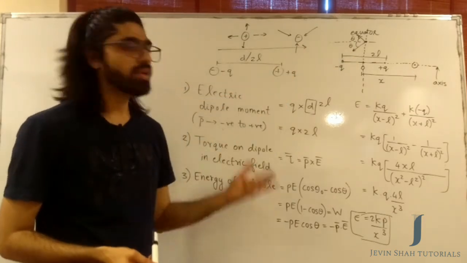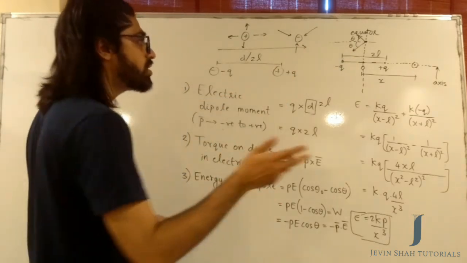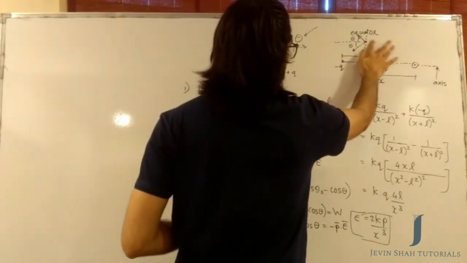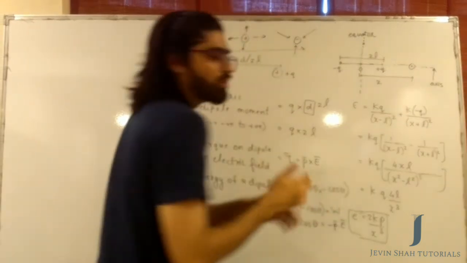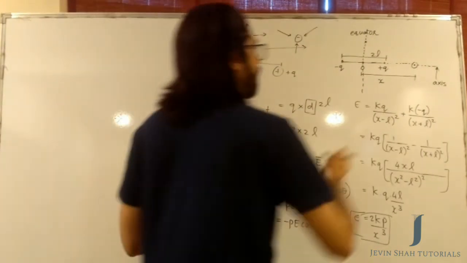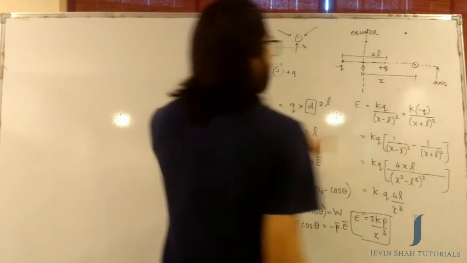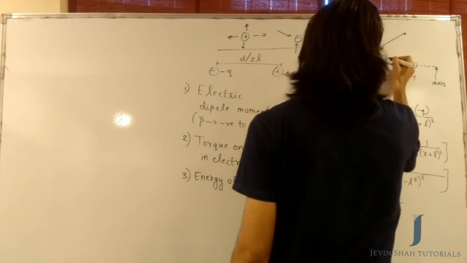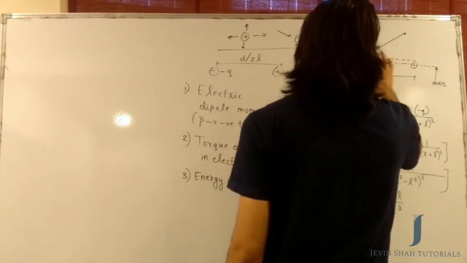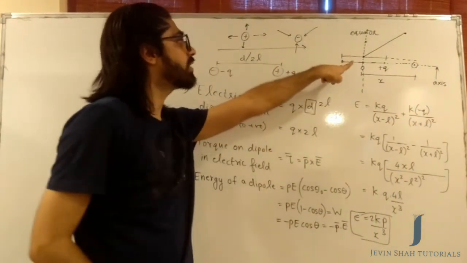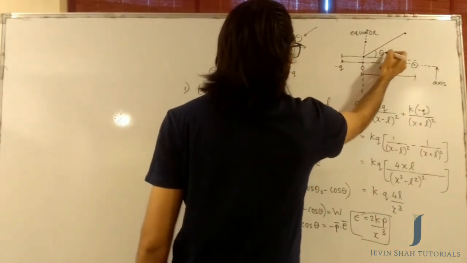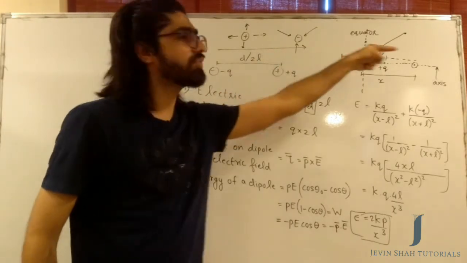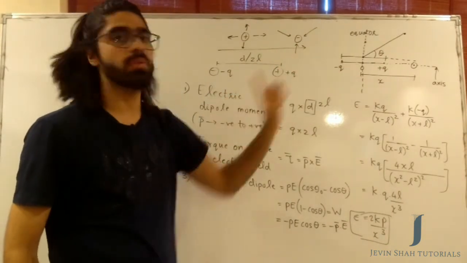But like I said, what you need to learn is a general formula. So in general, instead of taking random points like this, let's just take a point somewhere over here. And that point has been taken in such a way that the line that joins that point with the center of the dipole is making an angle of theta with the axis of the dipole.